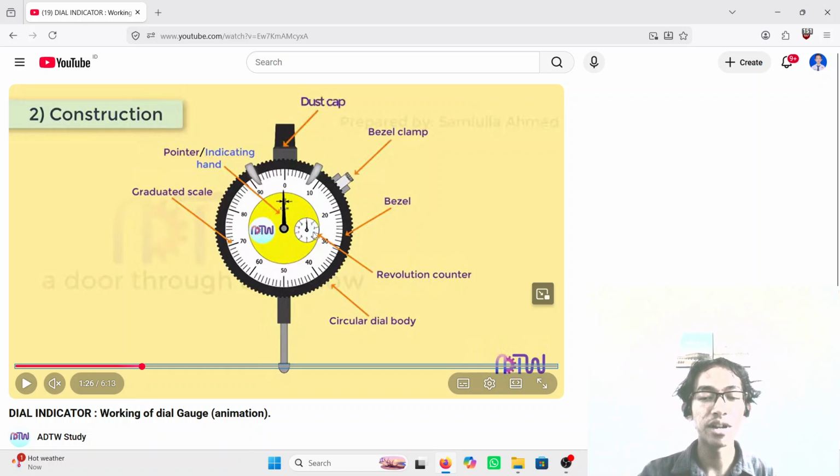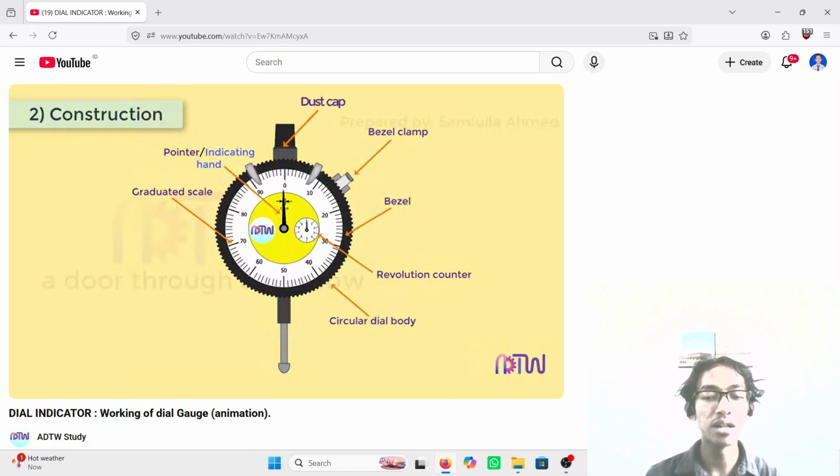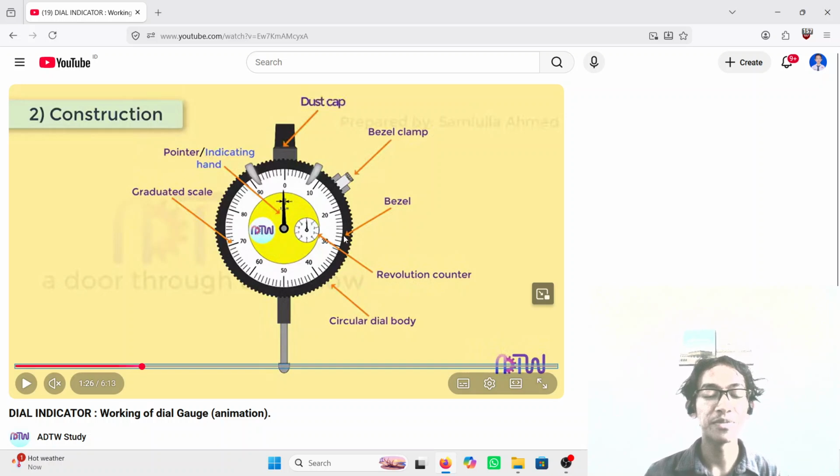A revolution counter is a smaller secondary dial inside the main face that tracks how many full 360 degrees rotations, or full revolutions, the main pointer has made. There is also the bezel. The bezel is the rotating outer ring surrounding the dial face.